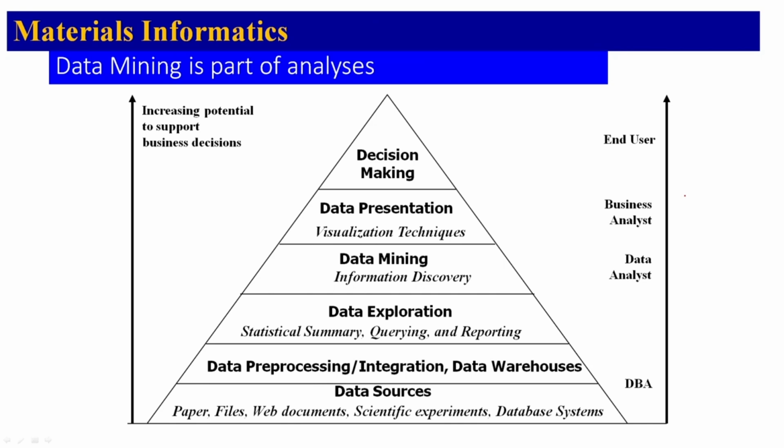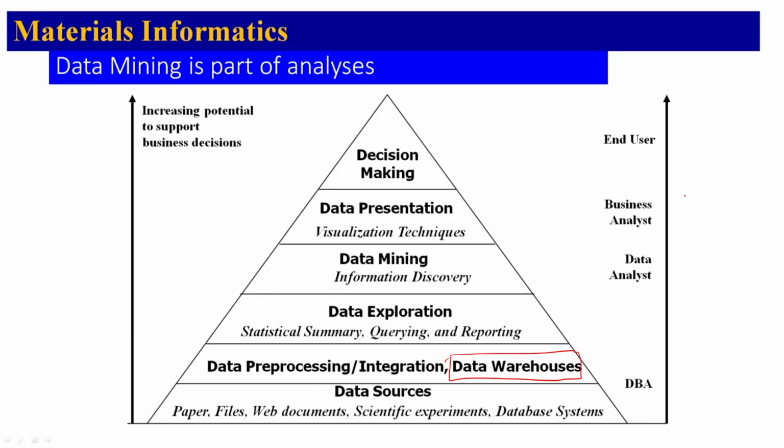We discussed a lot about that. In many cases they are integrated and kept in data warehouses. Remember this. This is something which you must take note of. Data warehouses are going to be the next important aspect. Why?